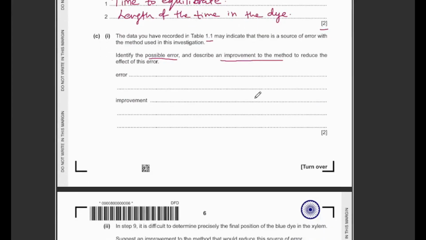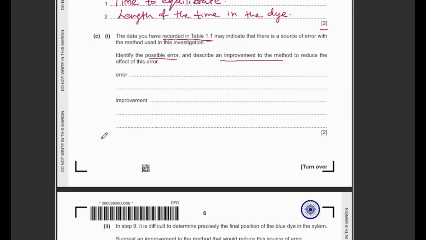Now we have to read this question very carefully. The data you have recorded in 1.1, that means they are asking relevant to only the 1.1 table. Most students will focus on the experimental technique, like cutting the ciliary stalk into 5 mm sections, the position of the dye, or not repeating the experiment as one of the errors.